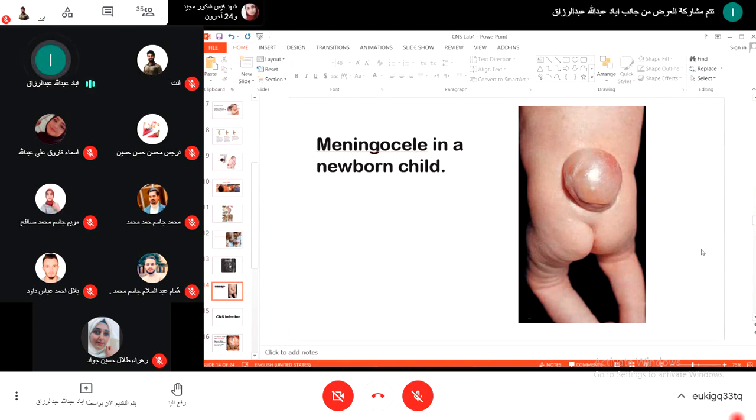And again I go back and say the exact mechanism of how folic acid is involved in prevention or causation of neural tube defects is not yet well understood. Despite many studies on animals and humans, the exact mechanism is not well known.